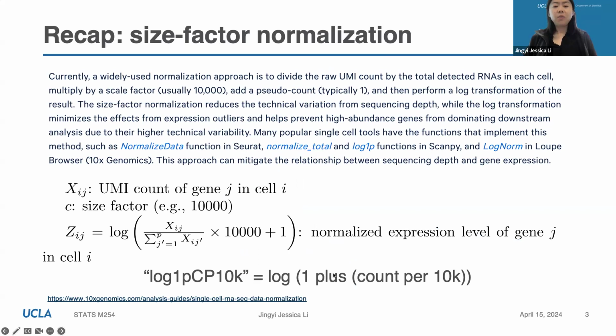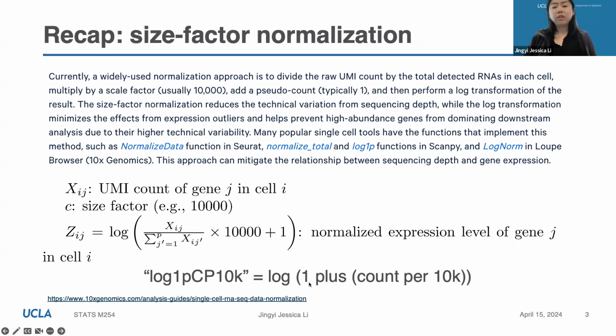As a review, what it does is that first it normalizes the counts for every cell so that the total count for each cell is equal to a constant, and the constant by default is set to 10K. So it's like 10,000. And then you add 1 to the normalized count, and then you do log transformation. So it's called log1p CP10K.